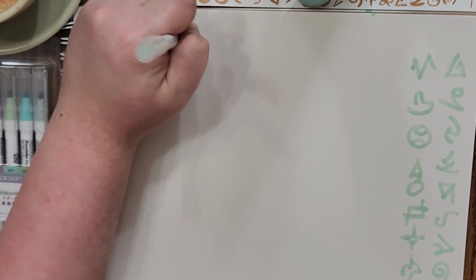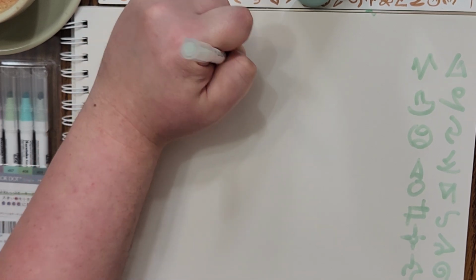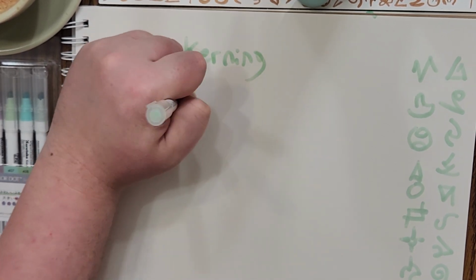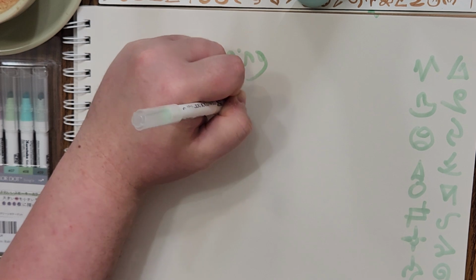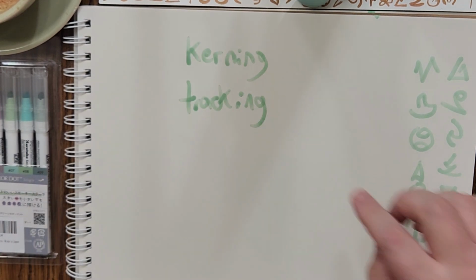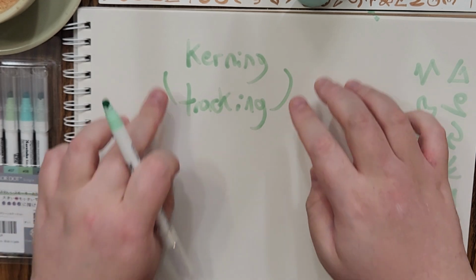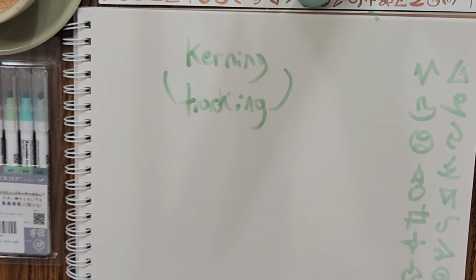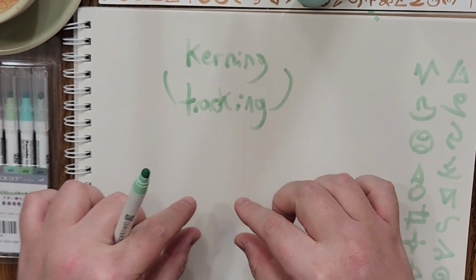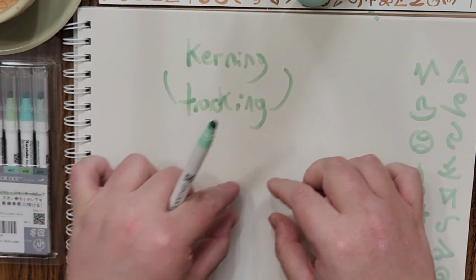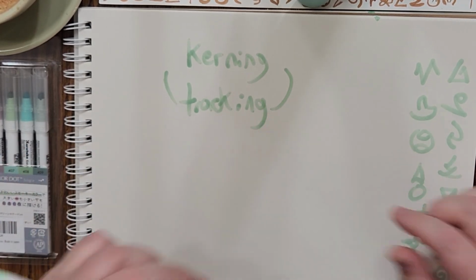There's kerning and tracking. Now, they both have to do with space. But kerning is the width between different letter marks in like a font system.